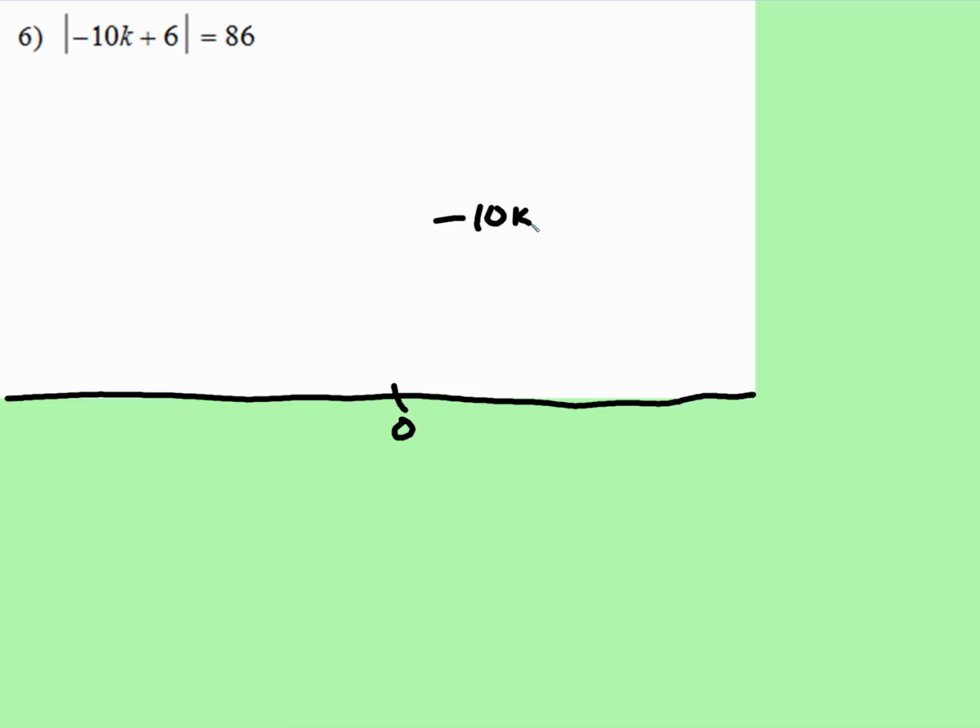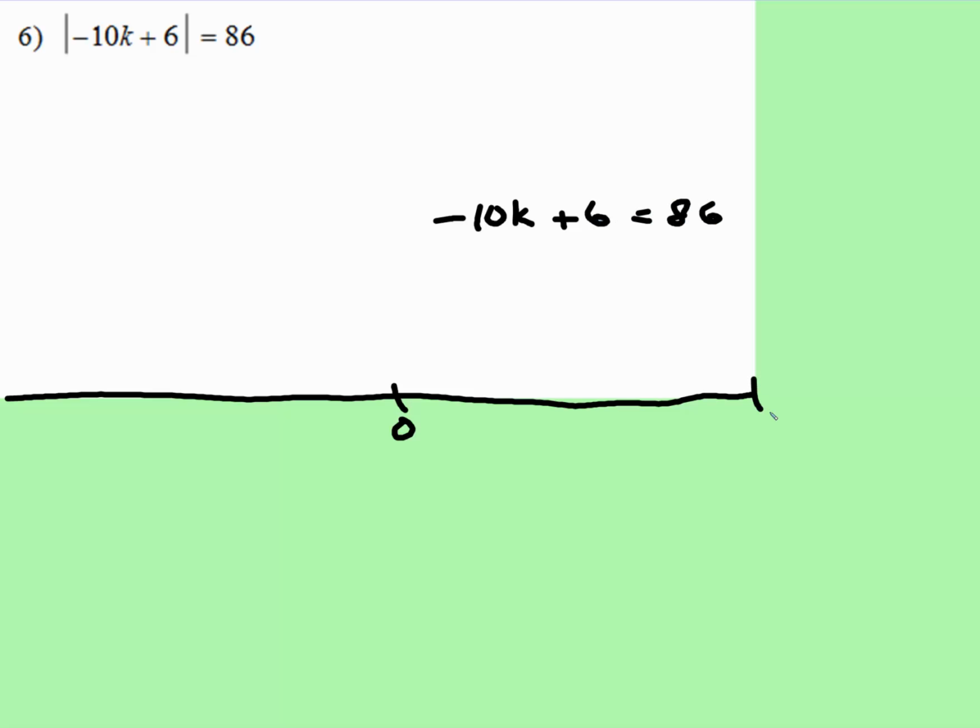So remember, because of that number line, there are two possibilities when you're talking about distance from zero. How to solve these is you remove the absolute value bars. And when we do that, we have negative 10k plus 6 is equal to 86.